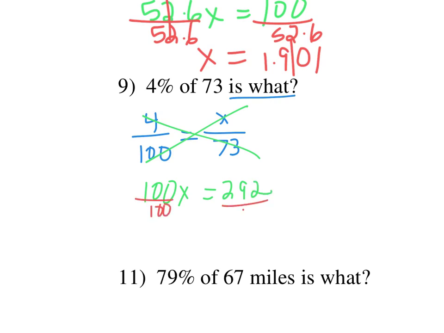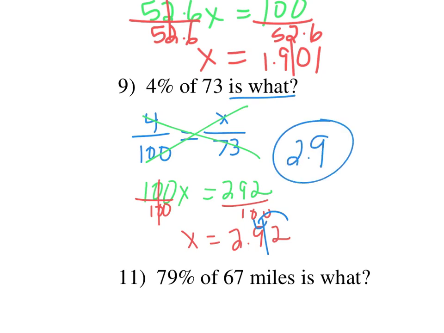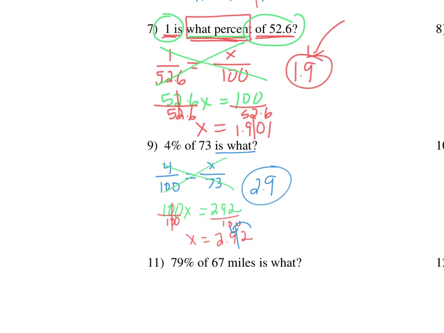Divide by 100, divide by 100. X equals 2.92. Round to the nearest tenth. 2 doesn't change it, so 2.9. Oh, back on this one, I need to put a percent sign there because it says what percent.